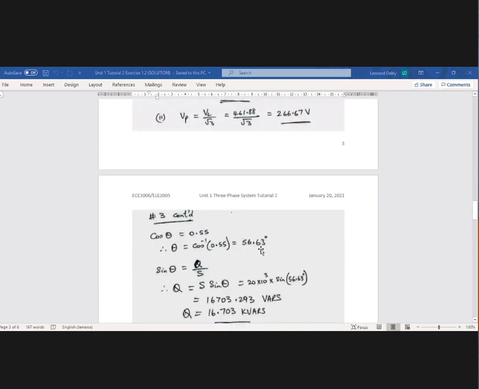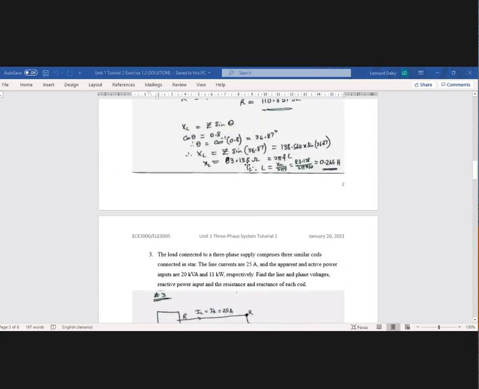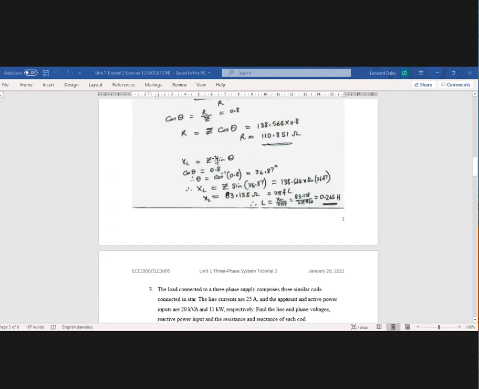So that is an approach that you can use also. So there are different ways of solving it.